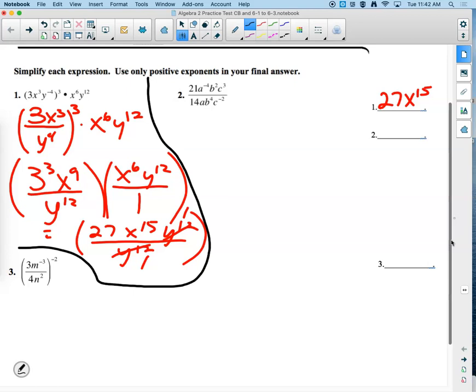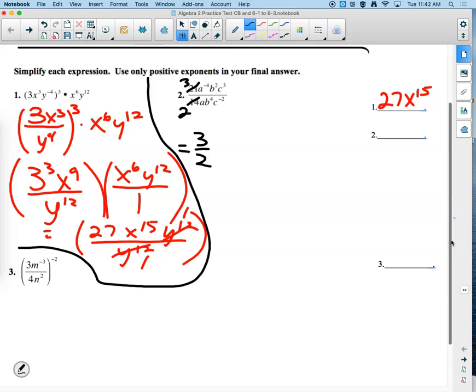You're looking at 2 and saying that's a whole lot of gunk. So organize it. Think, if I can make it into one fraction like this one, then I'll be fine. There's a lot of negatives and stuff going on, so let's just do the division. 21 and 14, what do they have in common? So let's go ahead and reduce those.